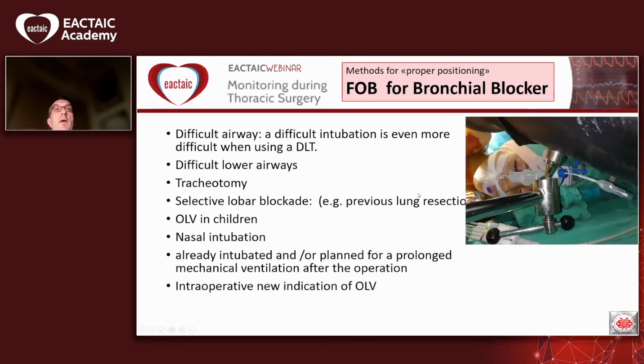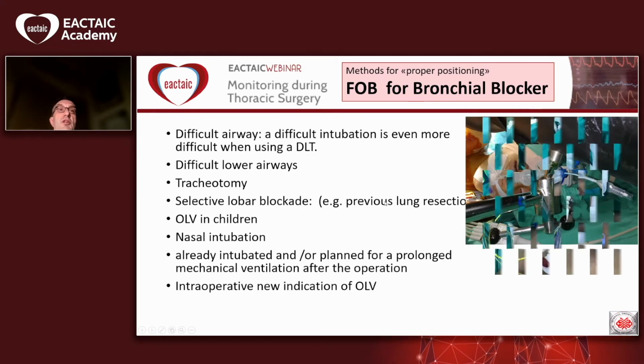In children, using a double-lumen tube would be very problematic and very difficult. We always prefer bronchial blockers, and we always prefer bronchial blockers with hockey stick tips. These types of blockers are very easy to use, especially in children.